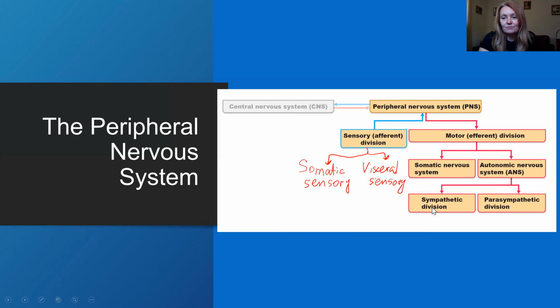But when you just had your dinner and you're sitting and resting, then you want your heart rate to decrease, the respiratory rate goes down, right? Blood flows to your digestive tract instead of your skeletal muscle. Then this will be controlled by the parasympathetic division.